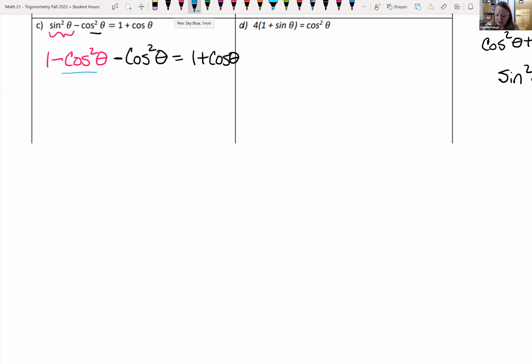Notice you have a negative cosine squared theta minus a cosine squared theta. So that's going to give us 1 minus 2 cosine squared theta is equal to 1 plus cosine theta. Setting this equal to 0, I can subtract 1 on both sides of my equation, and at the same time, let's add 2 cosine squared theta.